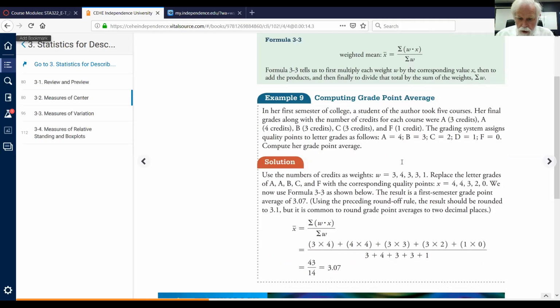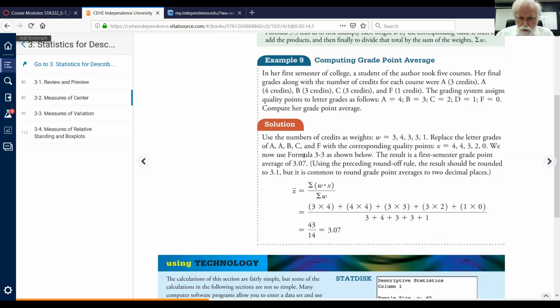We can do a nice long calculation. We have these letter grades, A, B, and C, and we have D's and F. Replacing the letter grades A, B, C, and D, we've got 4, 3, 2, 1, 0.